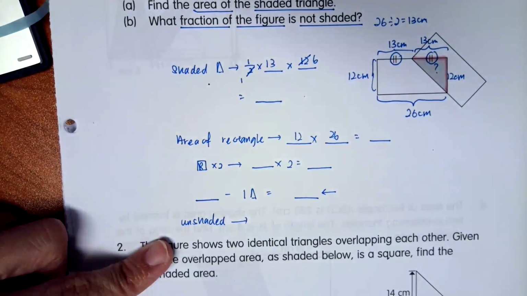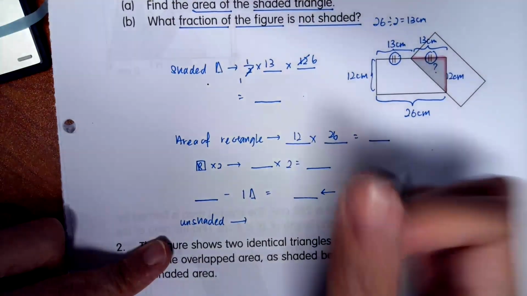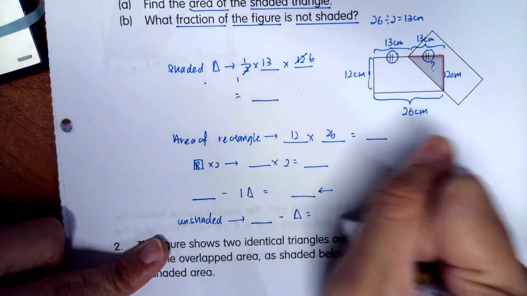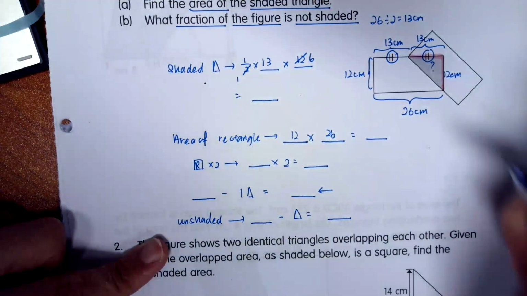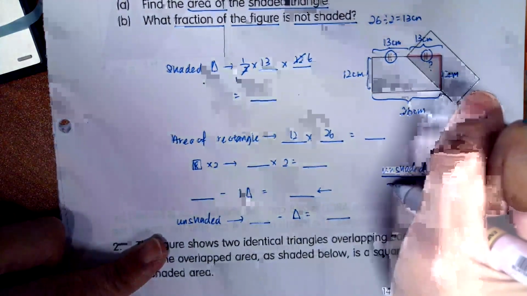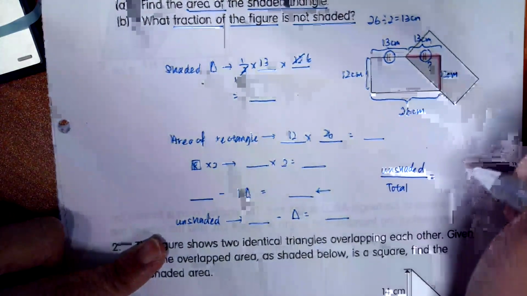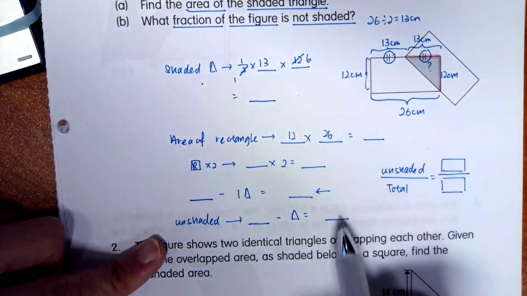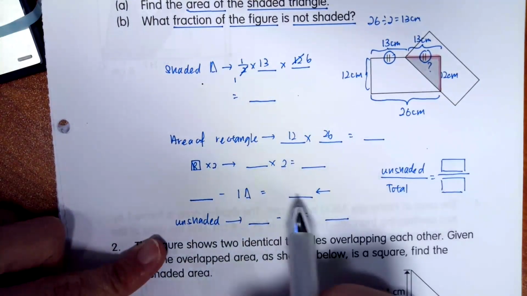And then the unshaded will be my total figure minus the triangle. You'll get an unshaded. So unshaded out of total. Unshaded will come from here. Total will come from here. Okay, this is my total.